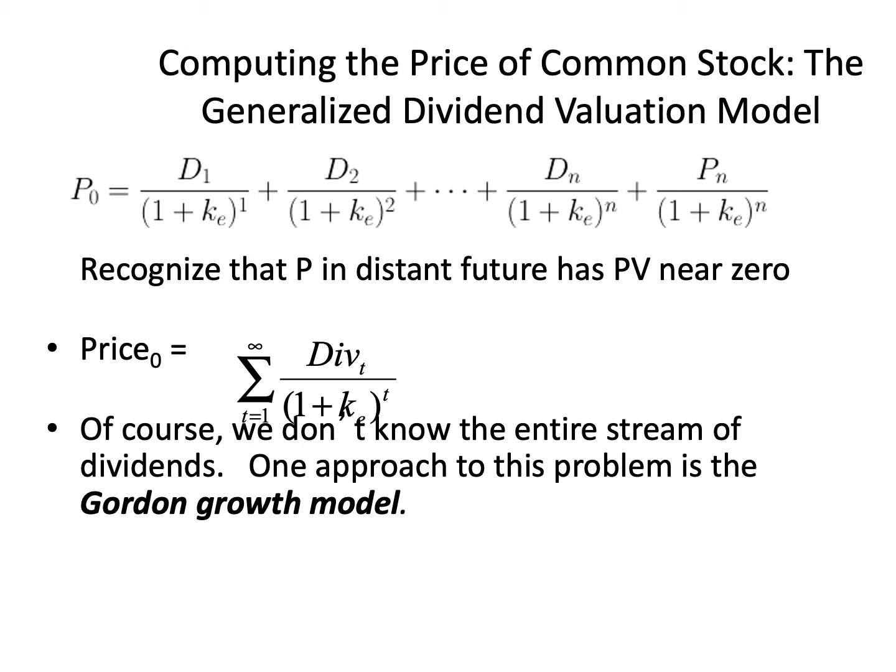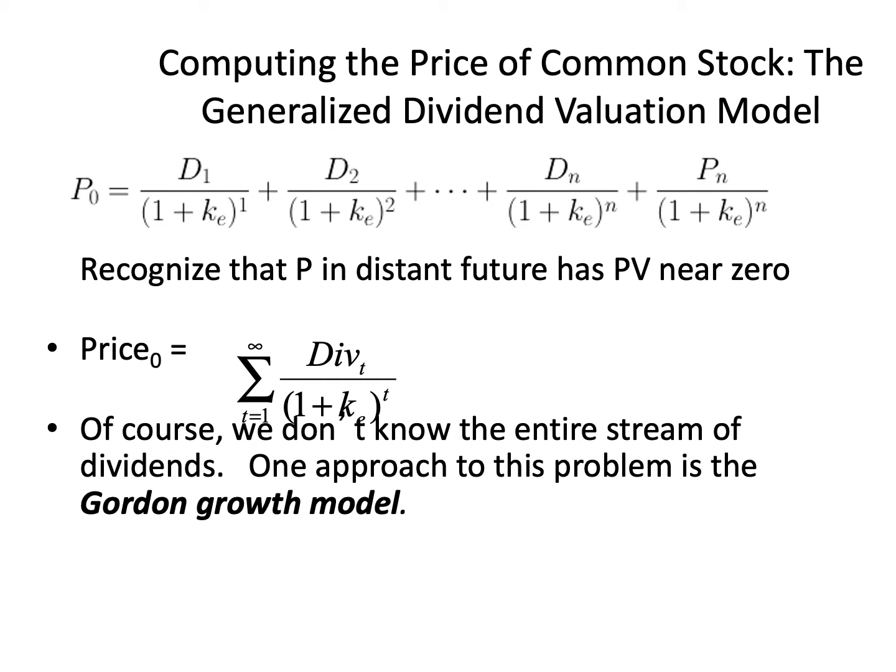What you do is the price is the dividend in year one, discounted at the rate for year one, plus dividend year two, discounted at the rate for year two squared, up until the dividend for year n, again discounted at the expected rate to the power of n, plus whatever the price is going to be in year n, and of course this is going to be pretty close to zero in terms of the present value.